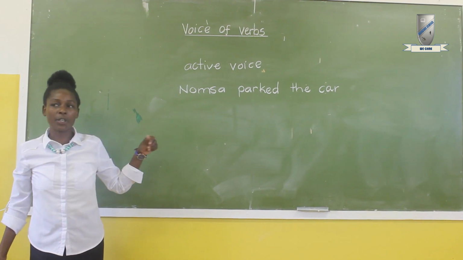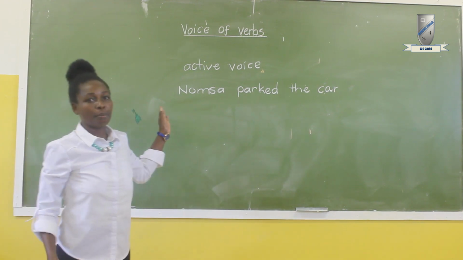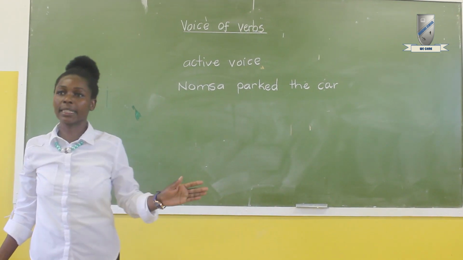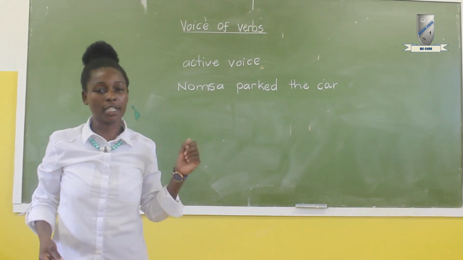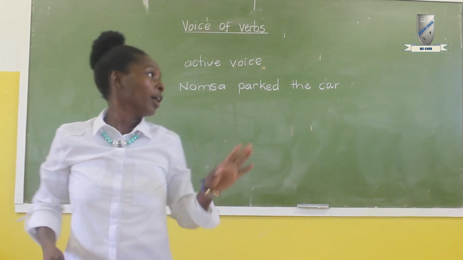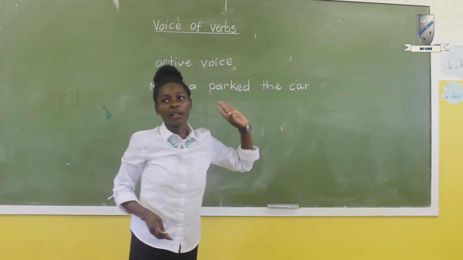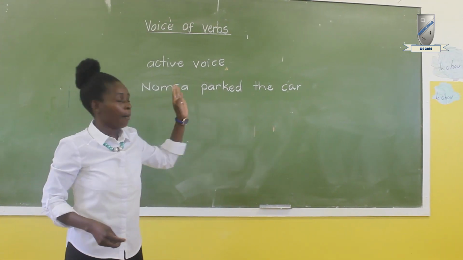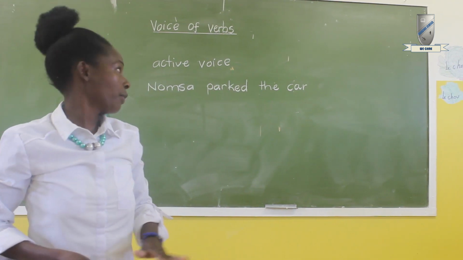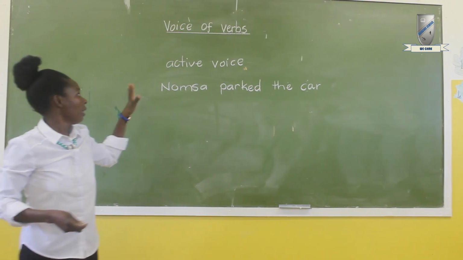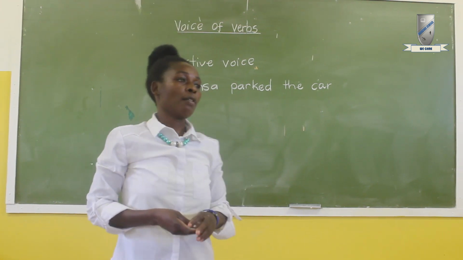As I said earlier, when we write a sentence in an active voice, we start our sentence with the subject. In this case, Nomsa is the subject, which means Nomsa is the doer of the action. What did Nomsa do? Nomsa parked the car. This is active voice.